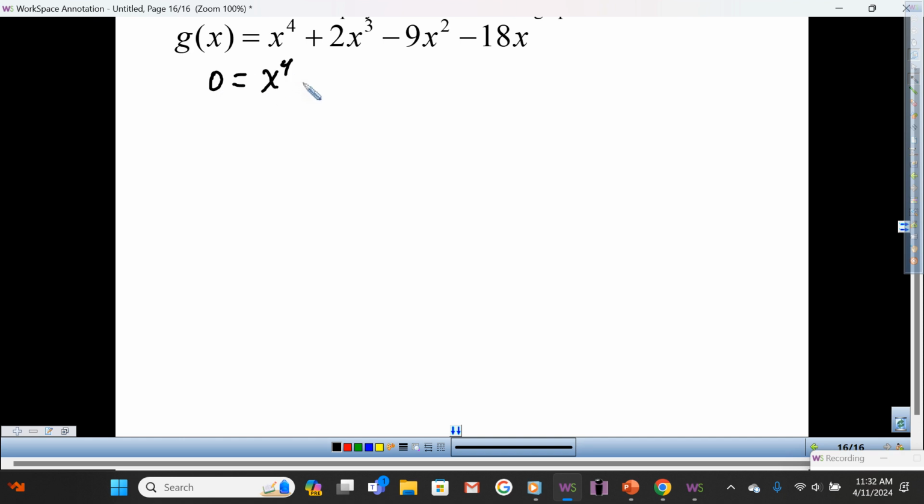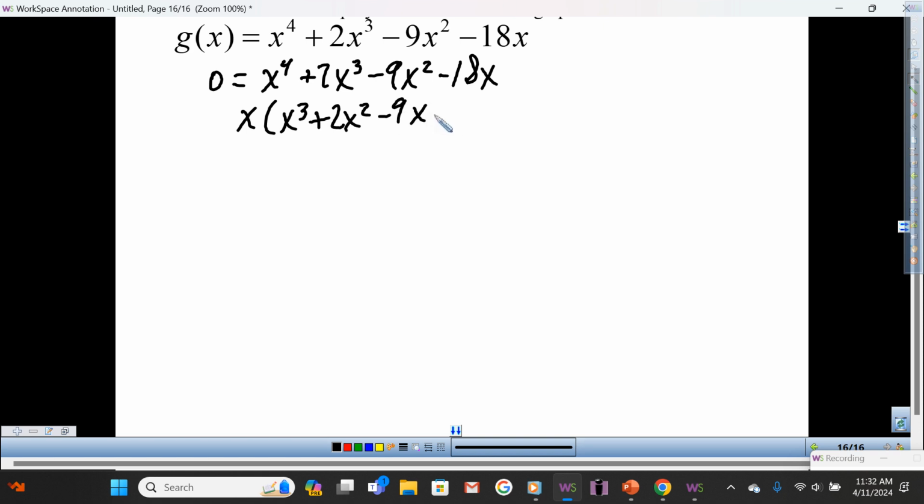Set equal to 0, x to the fourth plus 2x cubed minus 9x squared minus 18x. What would be the next step? Greatest common factor, what is that? X, that leaves us with x cubed plus 2x squared minus 9x minus 18. And all that is equal to 0.